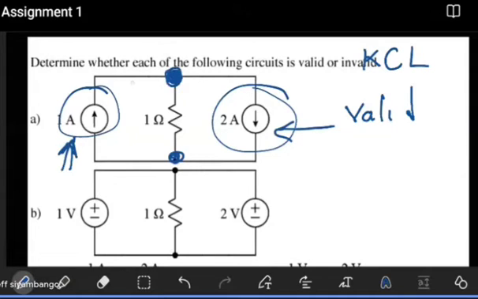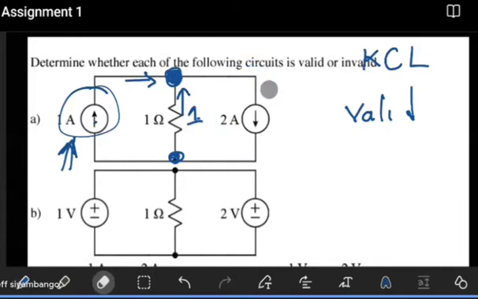So if 1 amp enters, and here we're seeing 2 amps leaving, what does that suggest? Since the current entering has to be equal to the current leaving, it suggests that here we must have a 1 amp also entering, so that when we add this current and this current, we get a 2, which must be that 2 that left using that other branch. So this is valid.